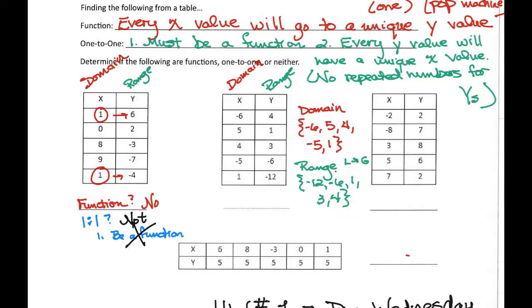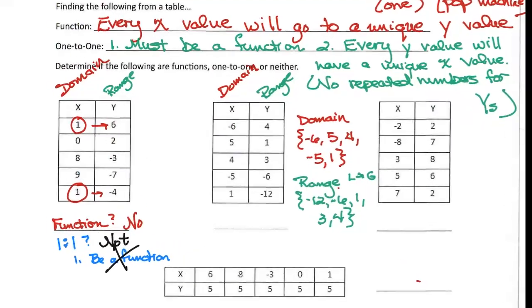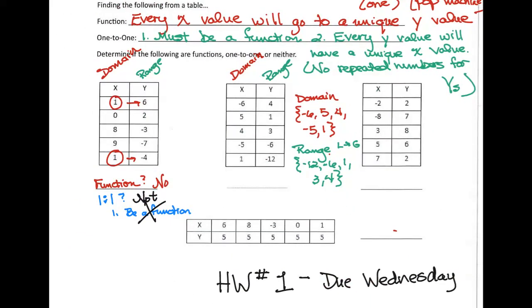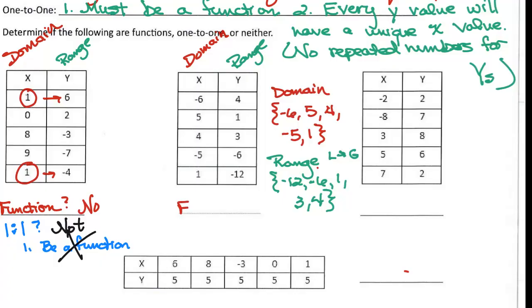Okay? Now, we need to see if it is a function. A function, you want to look at the x values. So I'm going to say, like I did before, is it a function? Question mark. So as I look, I'm looking to see that I have an x value going to a unique y value.